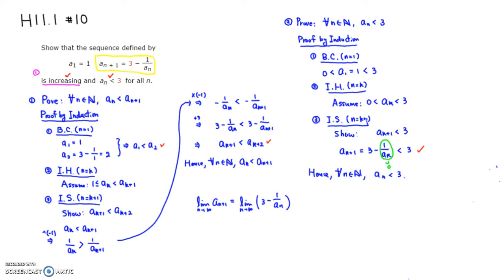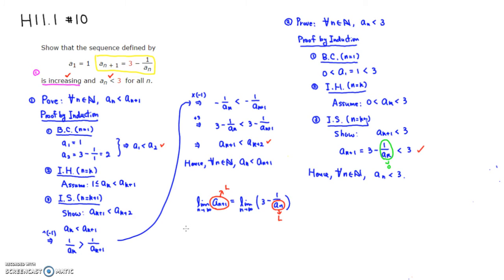Since we know because of the theorem that the limit of an exists, this is going to have a limit, so let's call it L. And the same thing, if you take the limit of an as n approaches infinity, this is going to be L. So if you have a limit, then it has to satisfy the following equation.